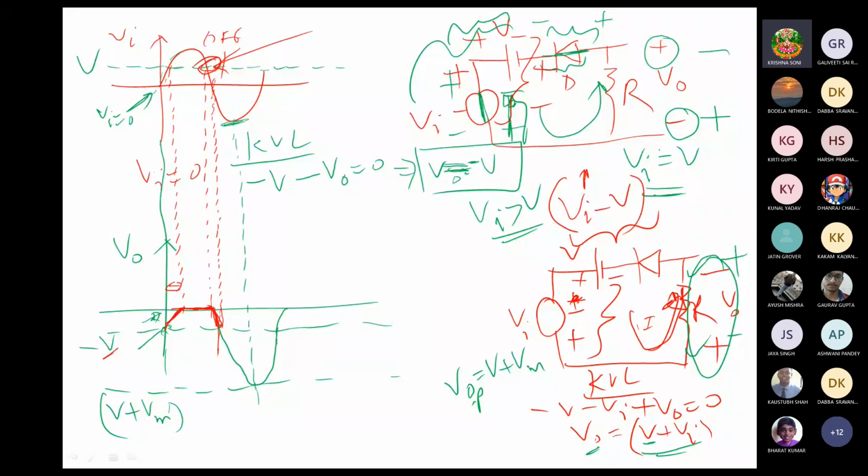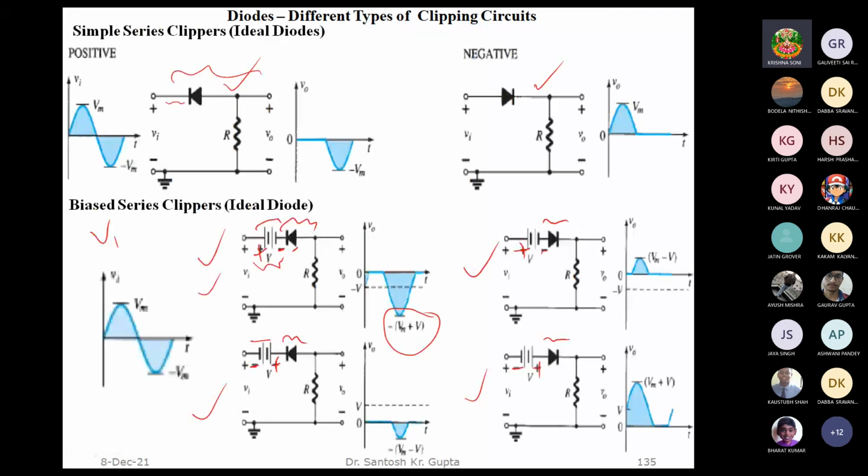So in detail, we have looked at one case of the series clipper circuit, how we can draw the output voltage. In this way, one can attempt these different cases. There are 4 cases here.